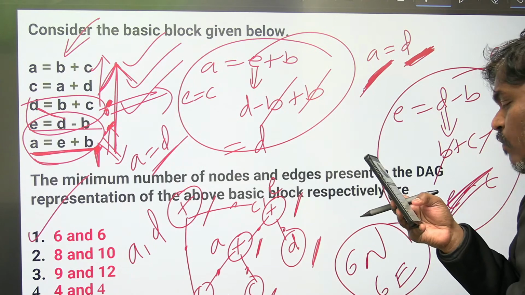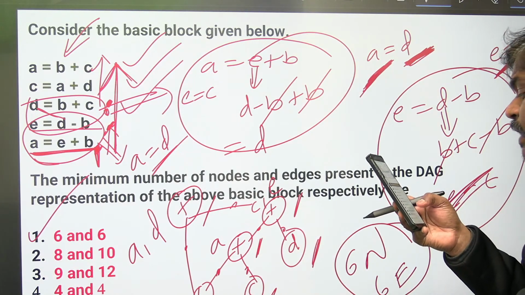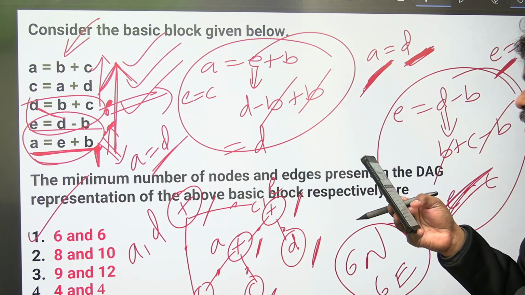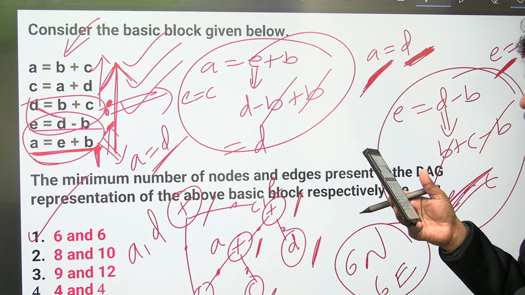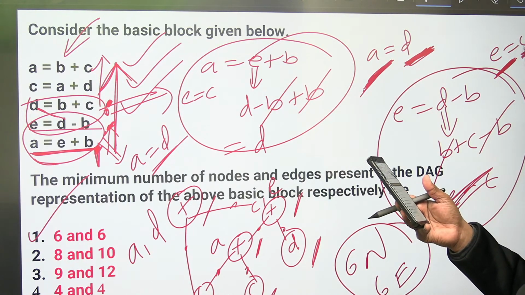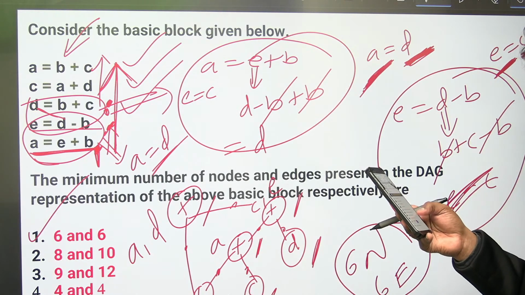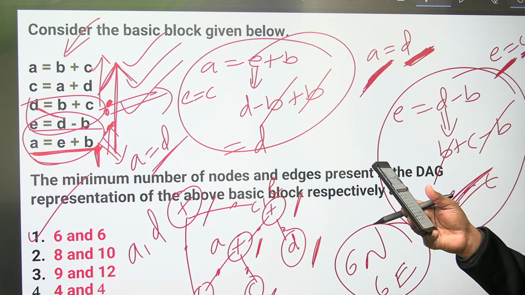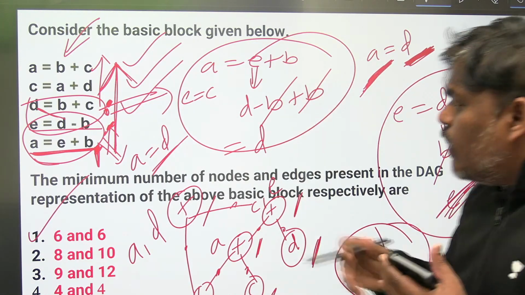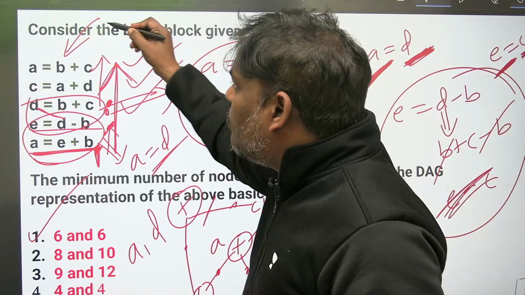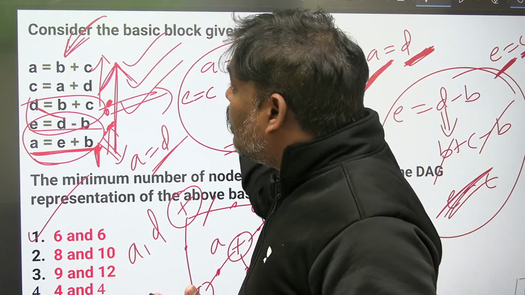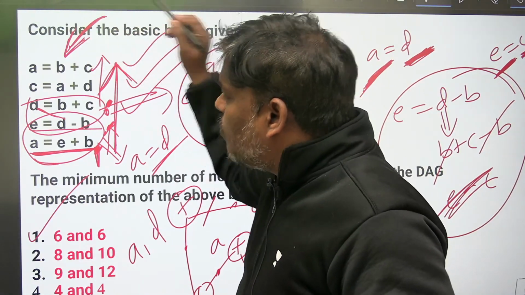Please be careful, please interpret properly. Whatever D is, that is A; whatever C is, that is E. While drawing the diagram, draw from the top.